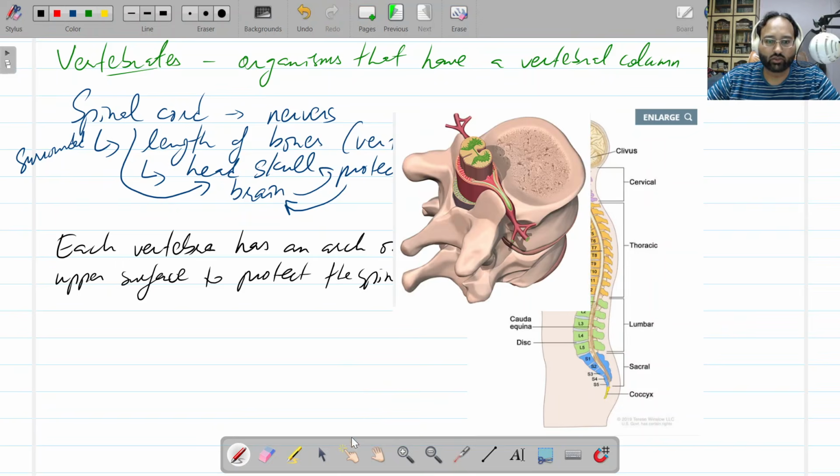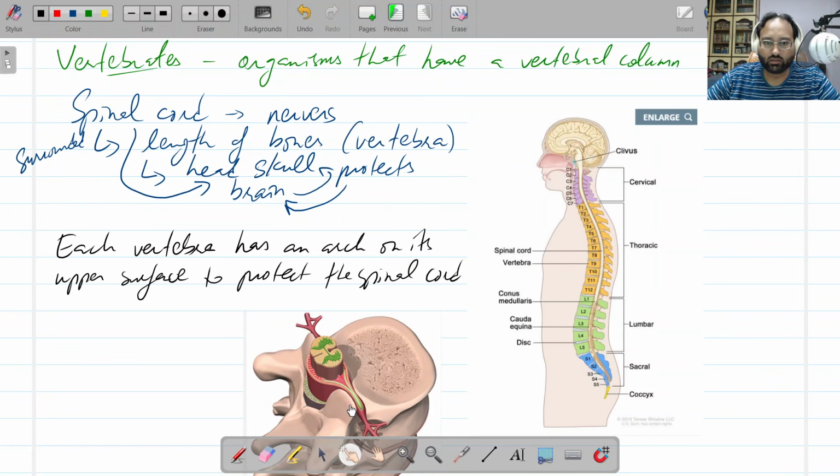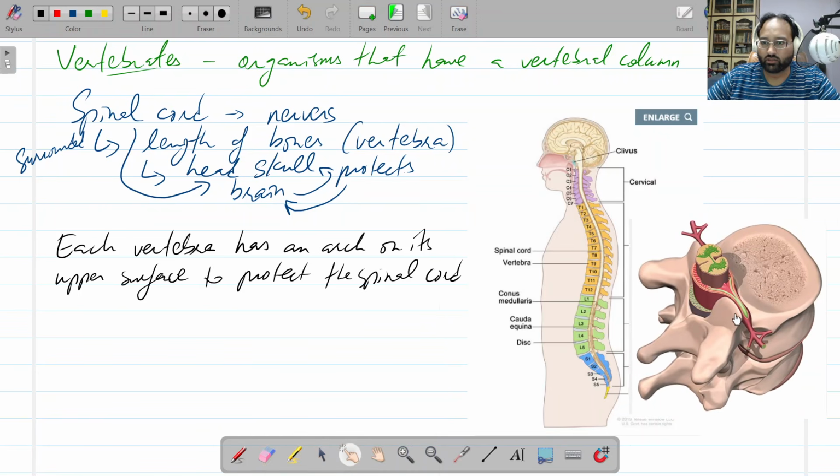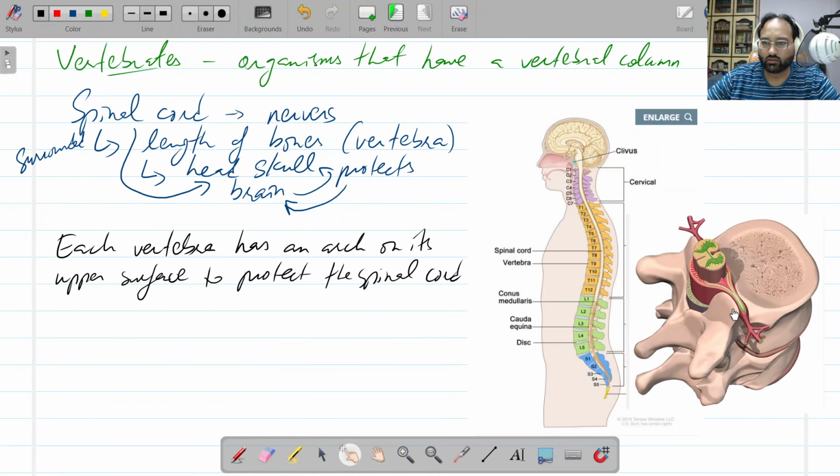So this is what it looks like. This is the bony, spiky projection part. The hard stuff is the vertebra. The whole thing is the vertebra.